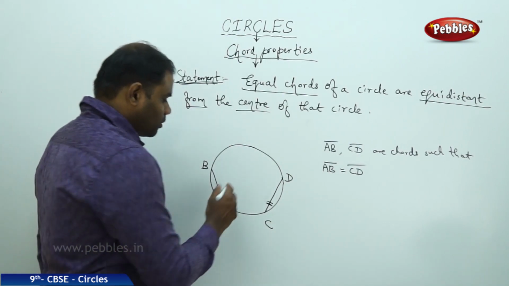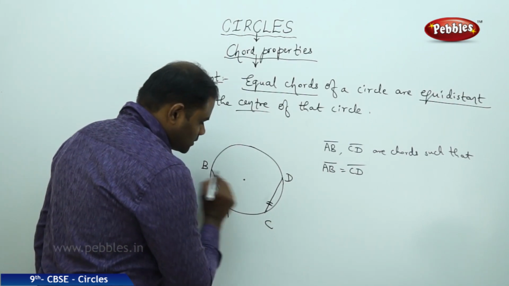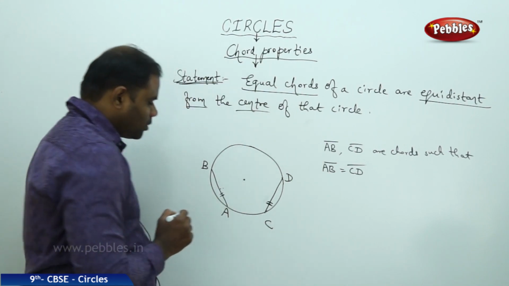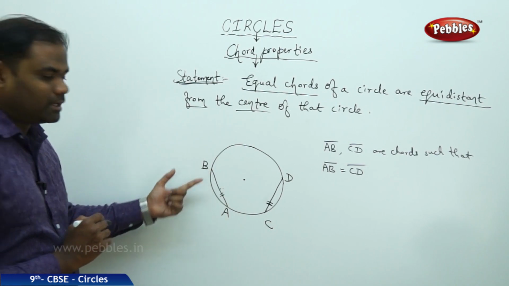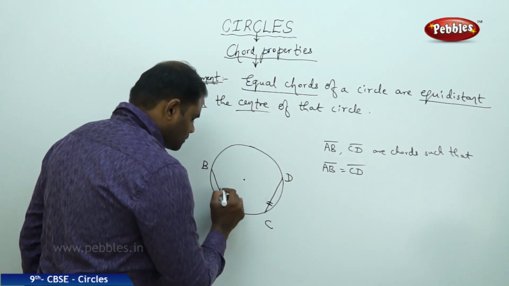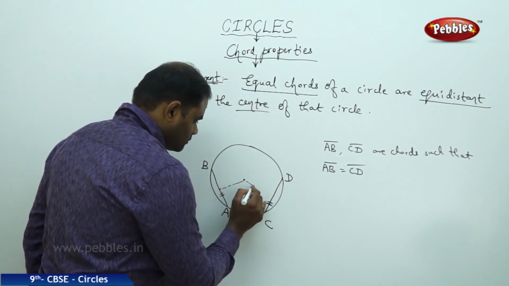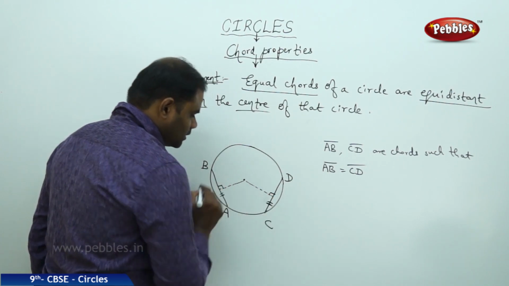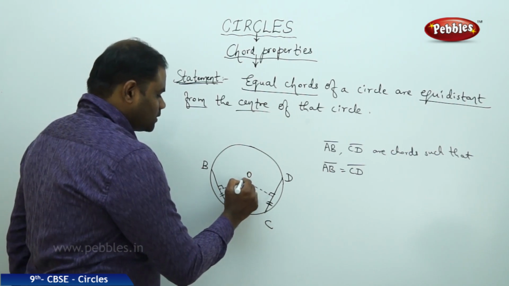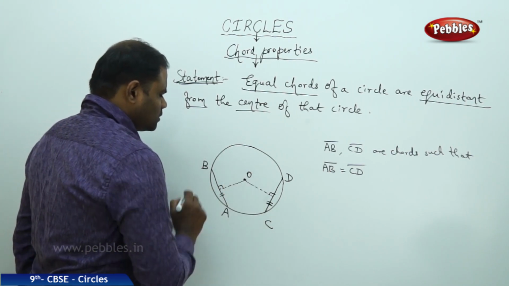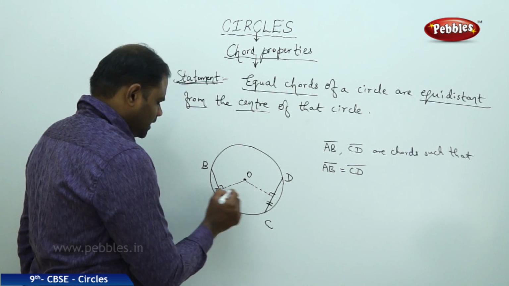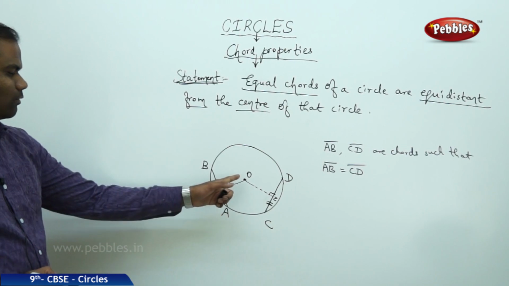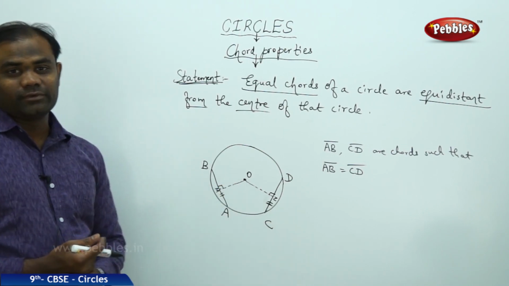So clearly the property says that if this is the center of the circle, then the distance from this point to the line is the perpendicular length. So here comes the perpendicular length from the center to M and N. So here I have OM and ON which are equidistant.